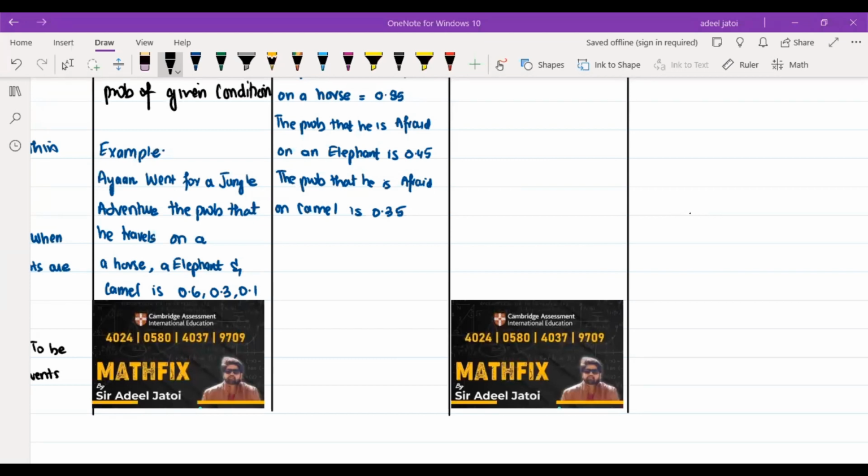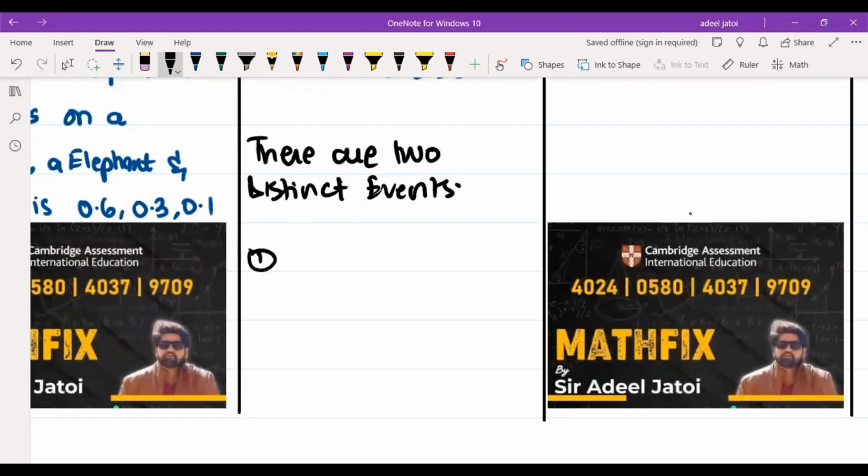There are two distinct events. Number one is the mode of transport.